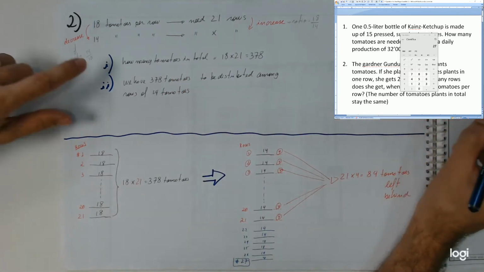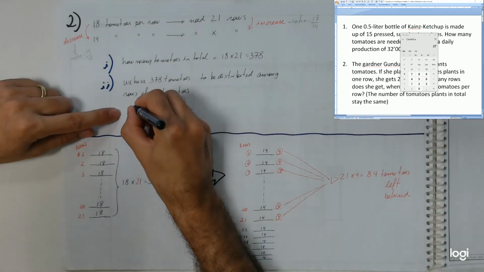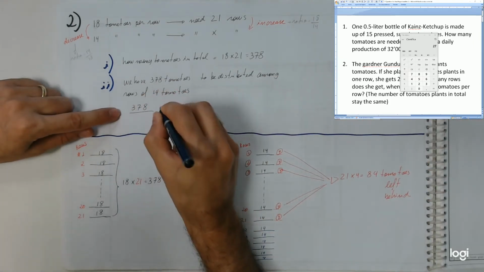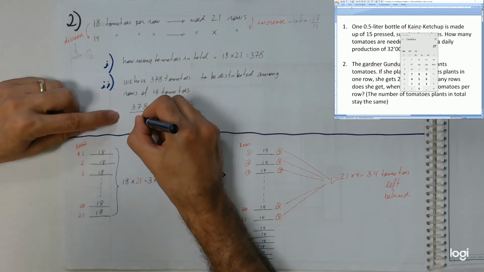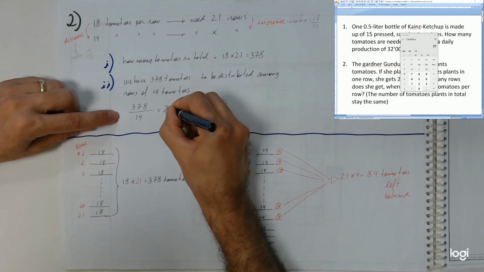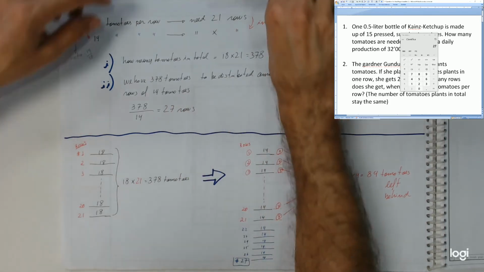Well, what is the math? We have those tomatoes, and we have to make rows of 14. How many rows? 27 rows. And this is the answer.